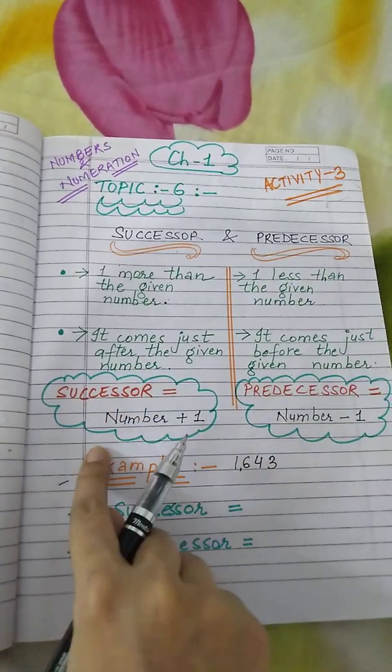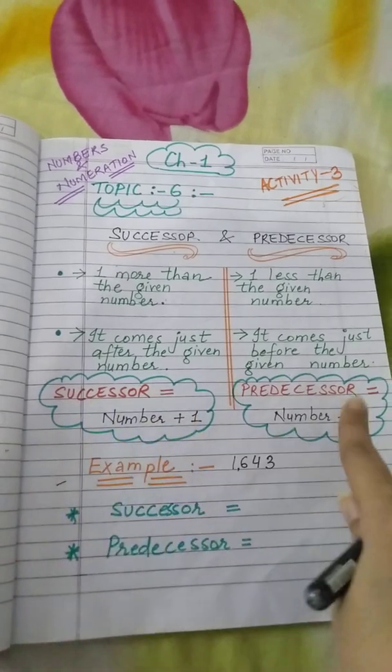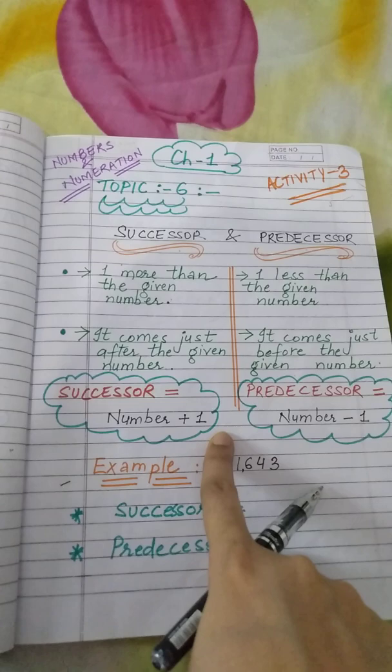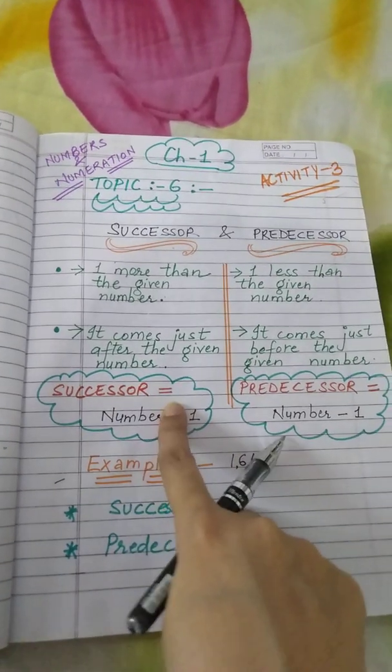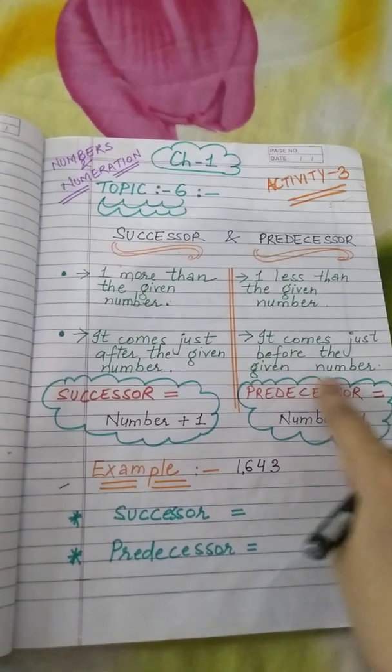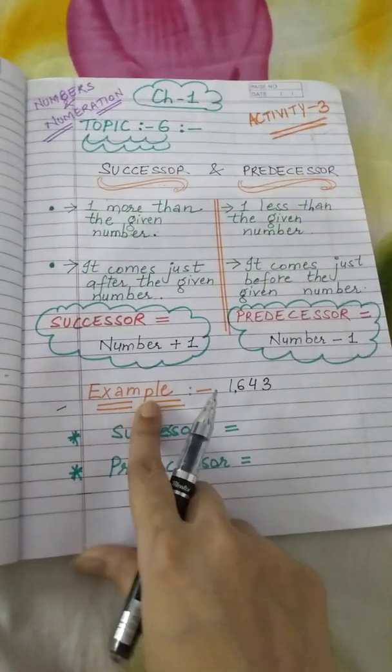Now I have also written a formula for successor and for predecessor. How can you calculate successor? By adding 1 to the given number. And how can you calculate predecessor? By subtracting 1 from the given number. Let us take an example.